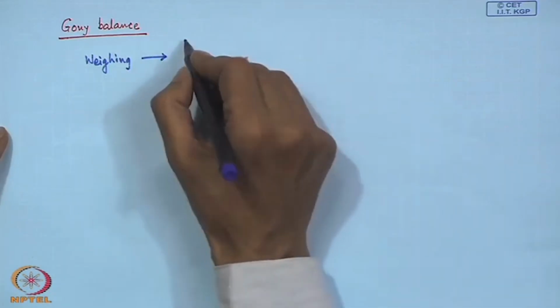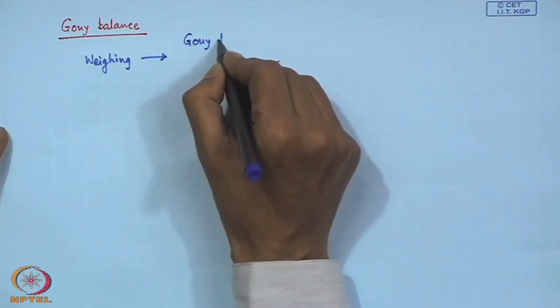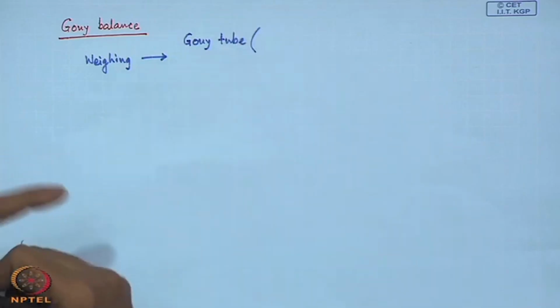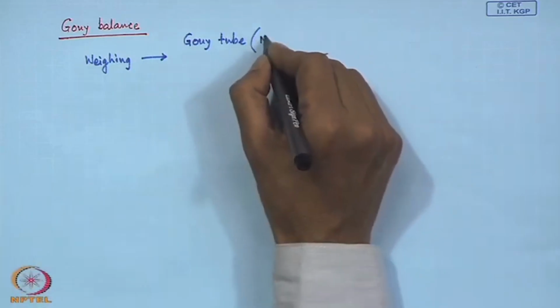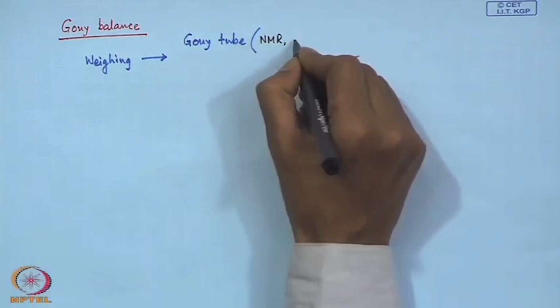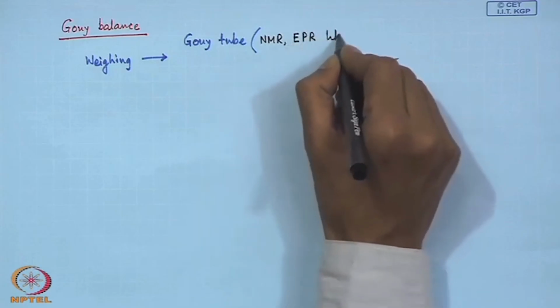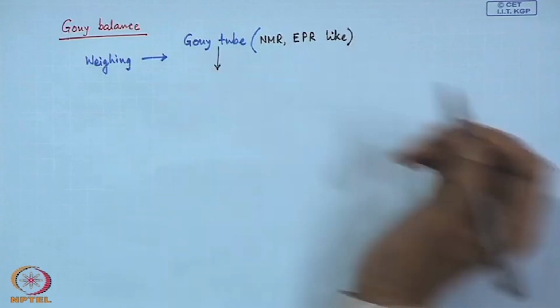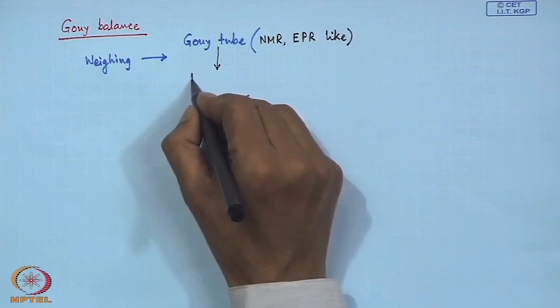We can have a very small Gouy tube, which is very similar to the tubes we use for NMR and EPR measurements. This Gouy tube is initially empty.